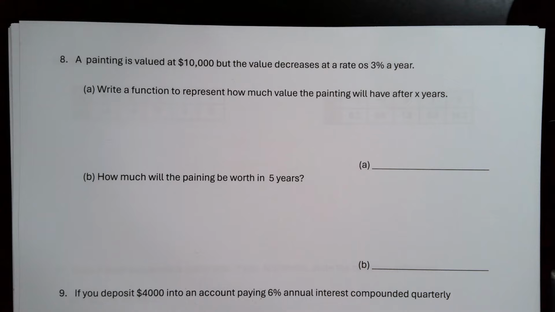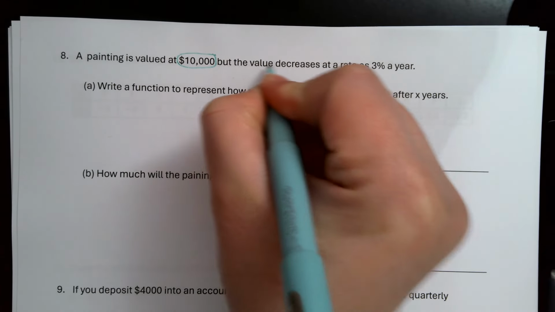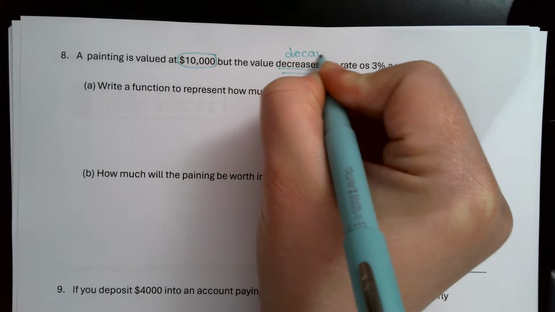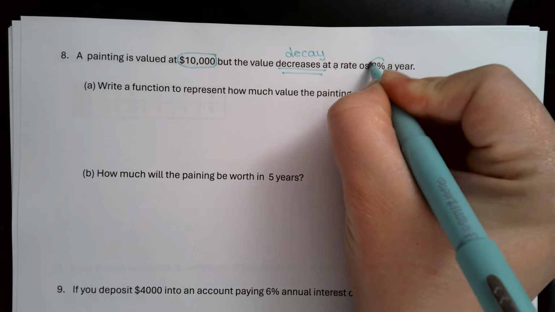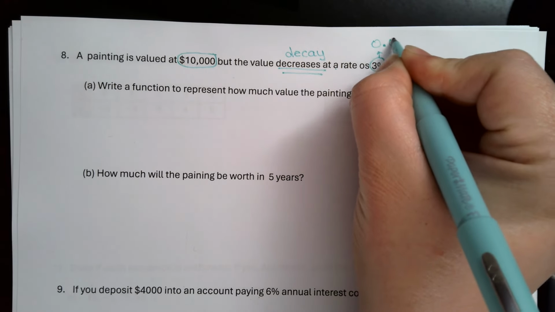All right, let's move on to the next one. Moving on to question number 8. Here we are once again reading a word problem. A painting is valued at $10,000, but the value decreases, so we know this is going to be a decay, at a rate of 3%. So we need to convert this to a decimal, 0.03.